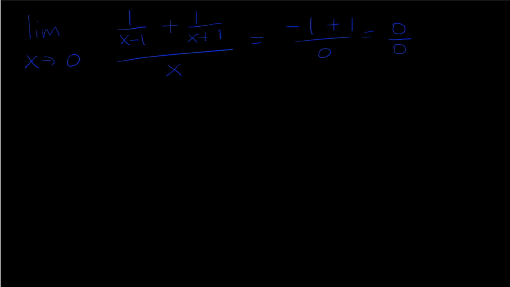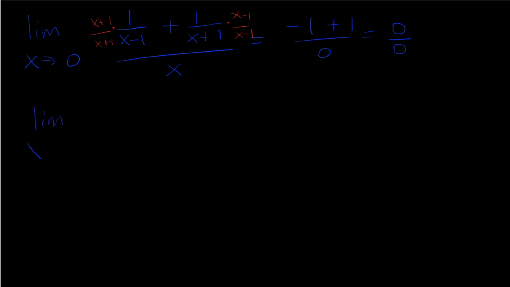In this case, I'm going to get a common denominator and combine the two fractions. So I'm going to multiply this fraction by x plus 1, and I'll multiply this fraction by x minus 1.